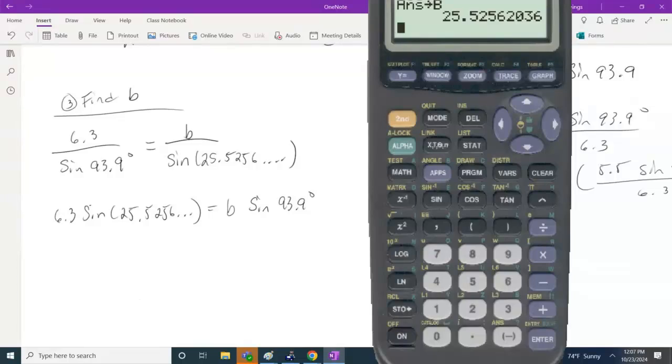The opposite of multiplying B by the sine of 93.9 is to divide by the sine of 93.9. So 6.3 times the sine of 25.5256... divided by the sine of 93.9 is equal to B.